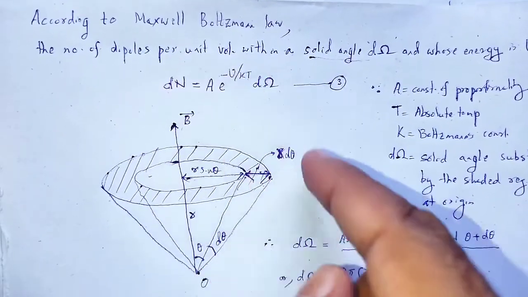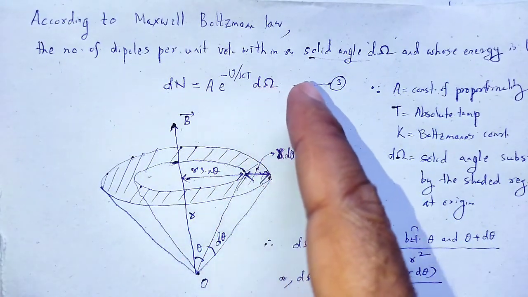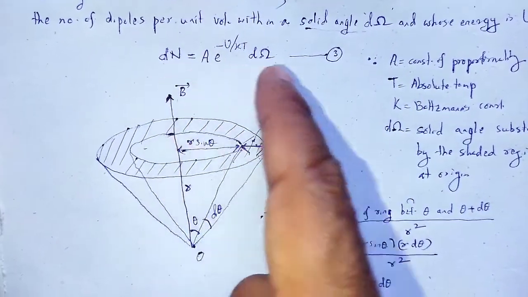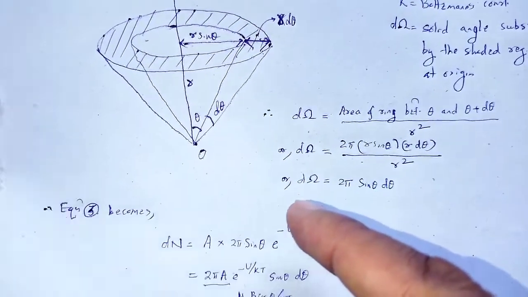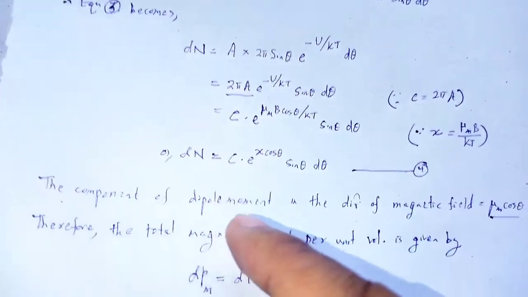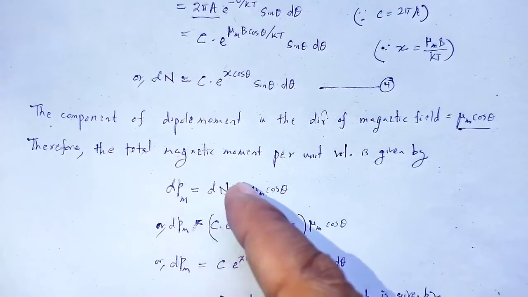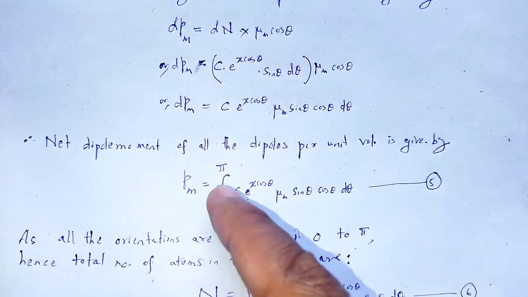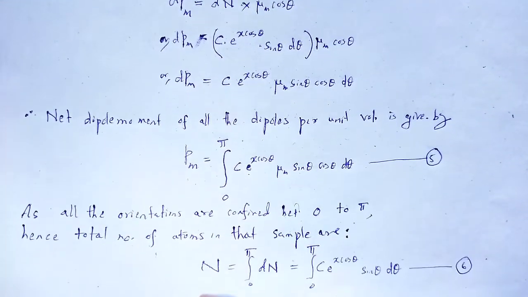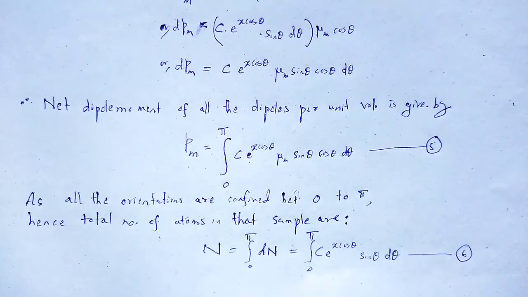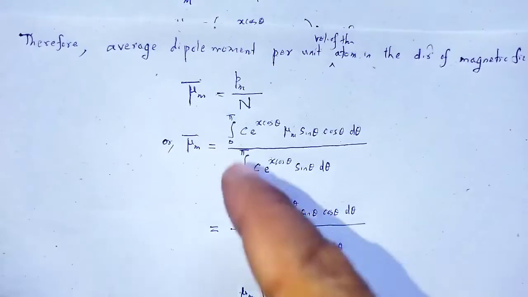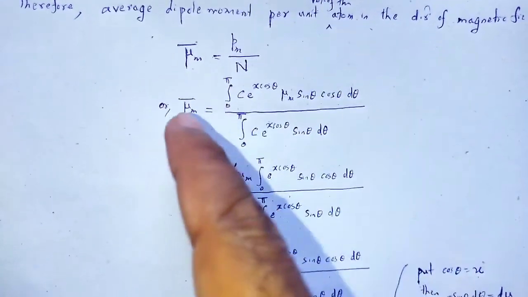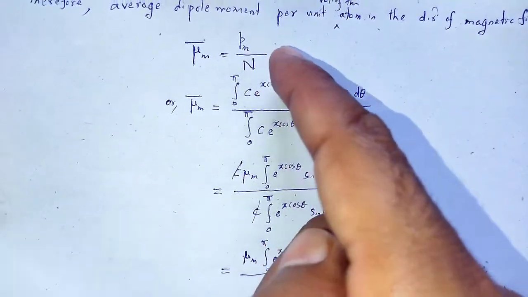According to the Maxwell-Boltzmann law, the number of dipoles per unit volume dn within the solid angle d omega is evaluated, that value is put in, and finally we obtain the total magnetic moment per unit volume, that is the net dipole moment of all dipoles in that unit volume, and finally the average dipole moment of an atom in the direction of the magnetic field, mu m bar, that is Pm divided by n.